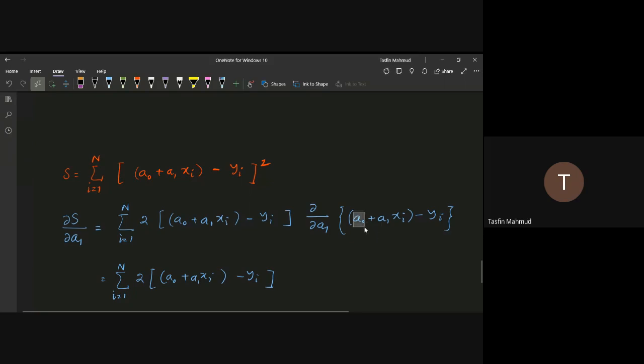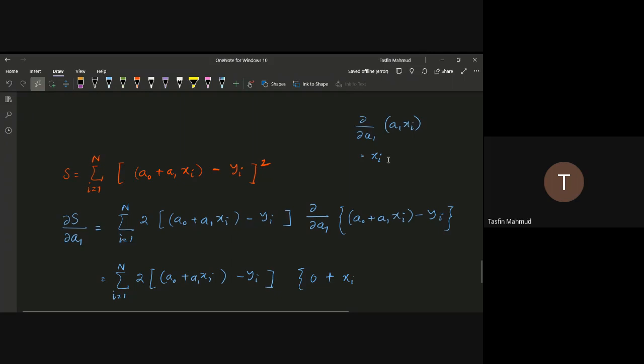So a0 will be considered as a constant, and the derivative of any constant is 0. So we will get 0 plus, then for this thing we are considering the derivative with respect to a1. So xi is a constant. So we are actually doing del a1 xi, and xi is a constant, so xi will come in front, and del a1 will give us simply 1. So we will get xi from there.